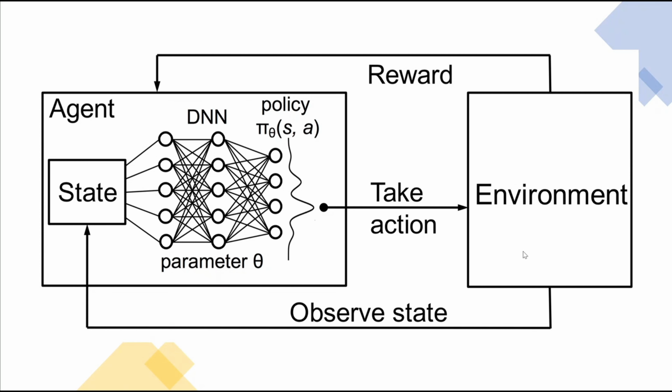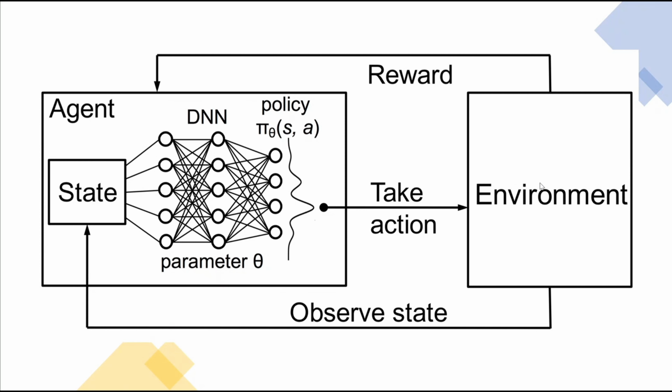Okay? Then this process will continue. The agent observes the new state of the environment, and based on this new state, the agent will choose an action according to its policy. This action will have an effect on the environment by shifting the state from the current state to a new state.